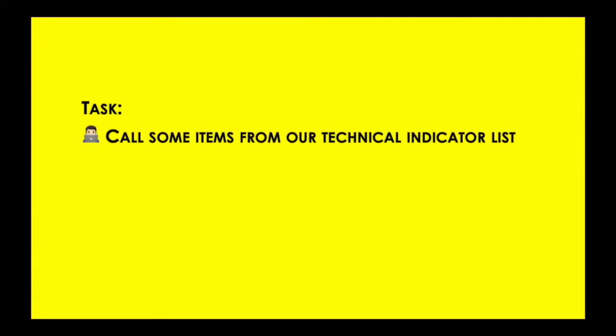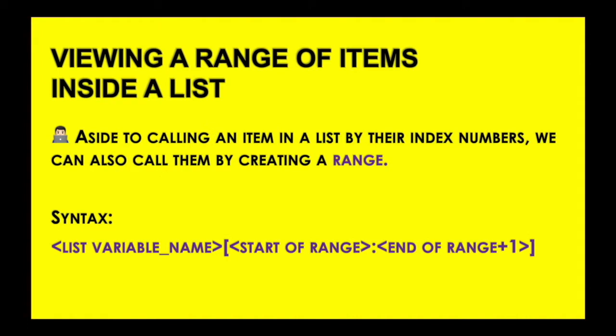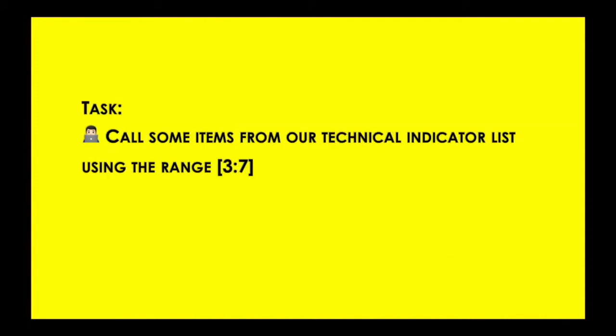For the task, we are to call some items from our technical indicator list using the range 3 to 7. Based on our syntax, 3 will be the start of our range, and 7 will be the end of our range, since we are trying to show up to the 6th index, the item before the 7th.